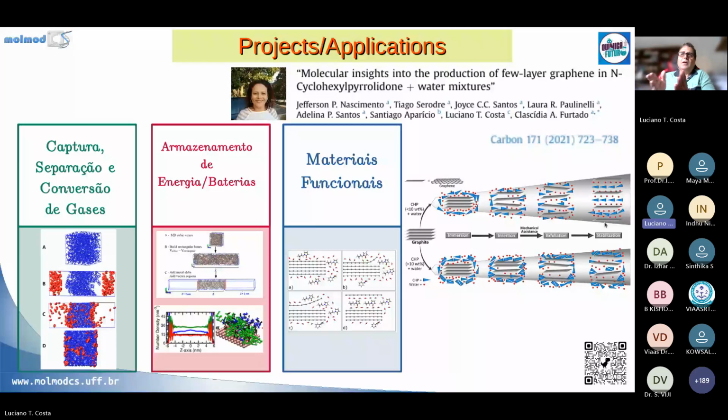Okay? Because I don't know if you know, but if you exfoliate graphene in pure water, basically the layers will attach to each other. So you need to exfoliate and separate the layers perfectly to produce your material. So for that, we need to use a co-solvent. And one co-solvent used was exactly this one here. And then from the simulations, we could explain the mechanisms to exfoliate the graphene well.